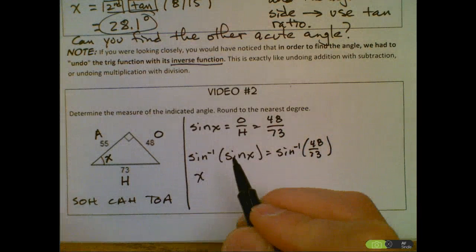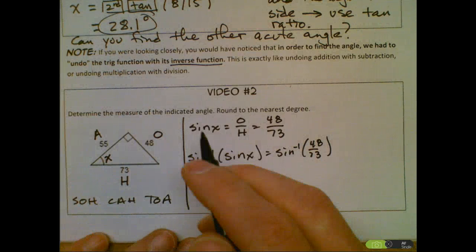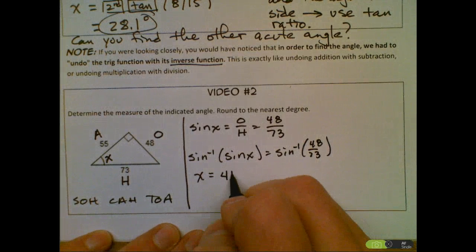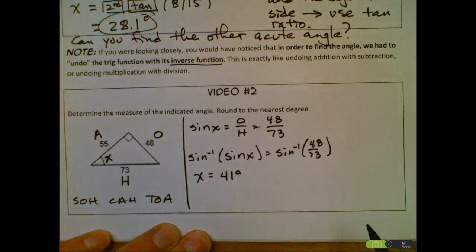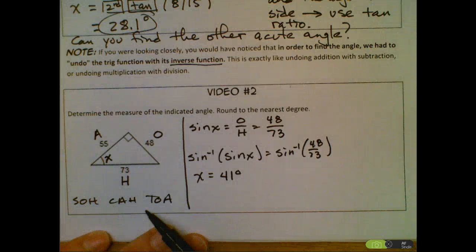Right? So plug that into our calculator. We've got sine inverse. I'm plugging it into my calculator as I speak, and that gives us, to the nearest degree, 41 degrees.